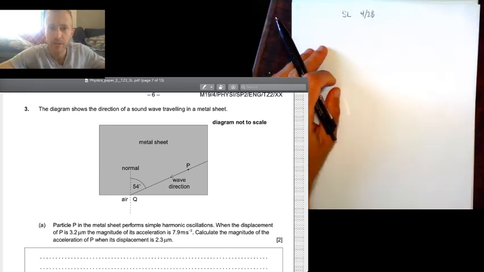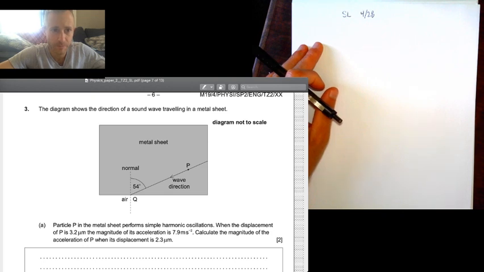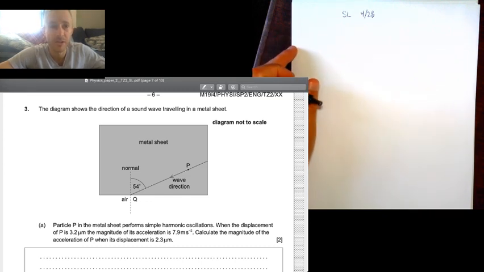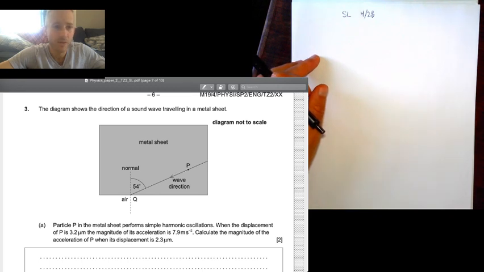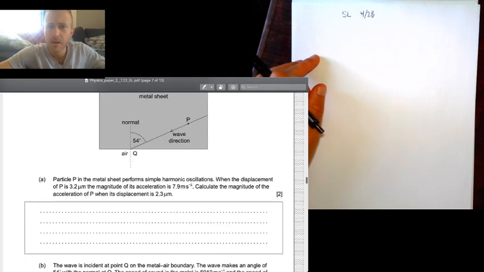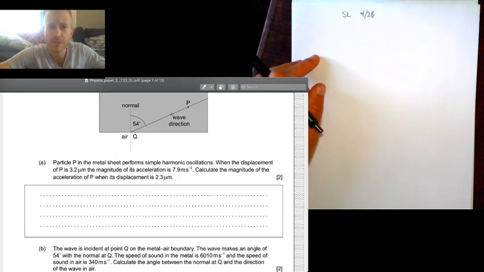It looks like it's going to be a Snell's law problem because we can see there's an angle of incidence and there's a boundary between materials. So this is a wave that's refracting as it exits the metal sheet. A particle P in the metal sheet performs simple harmonic motion.